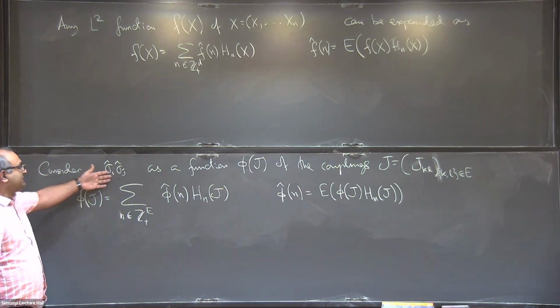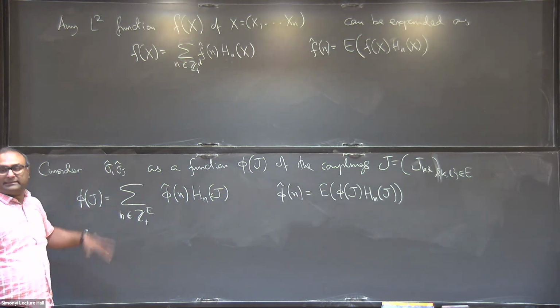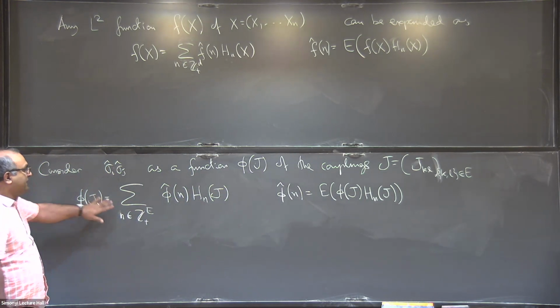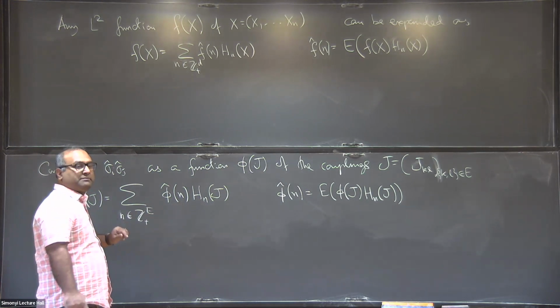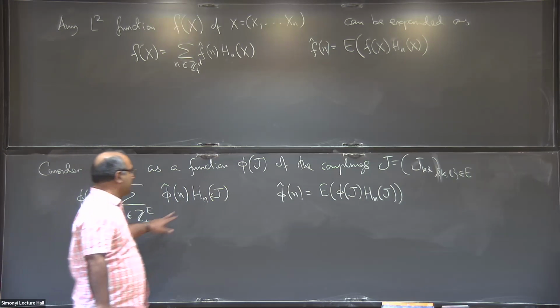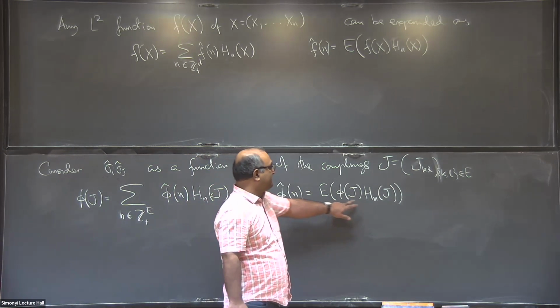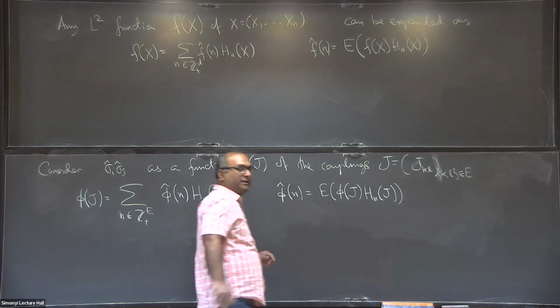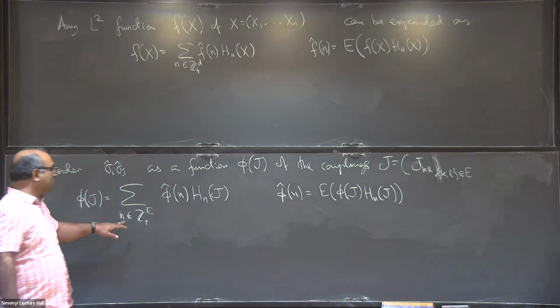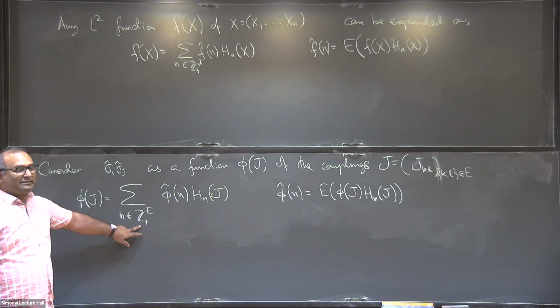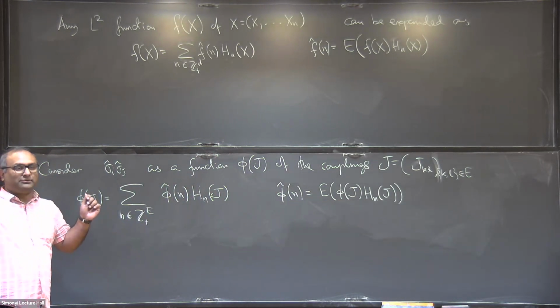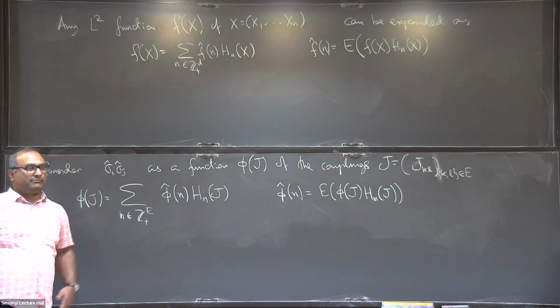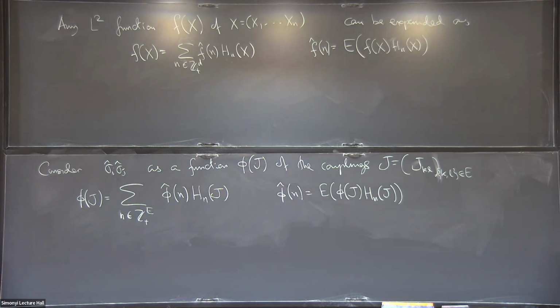Since it's plus or minus one valued, it's obviously in L2. So you can expand it in this multivariate Hermite polynomial series, where the nth coefficient is given by the expectation of this product. And n is now running over this set, one non-negative integer attached to each edge. So take a look and let me know if this is all clear.